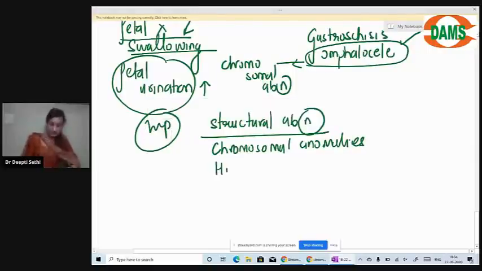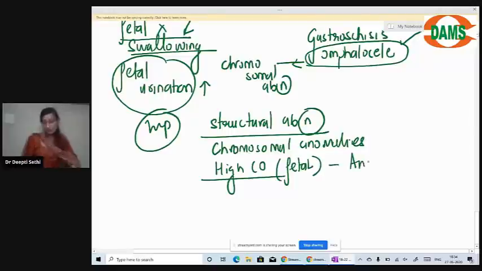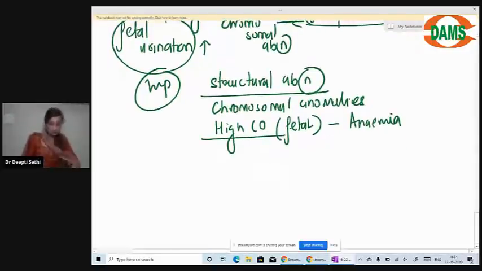Then whenever the fetus has a high cardiac output, because then the baby tries to compensate by doing polyuria. So fetal anemias can be associated with polyhydramnios. Conditions like RH isoimmunization, where the reason is again the same, it's heart failure and polyuria. Twin transfusion syndrome is another such condition, okay?